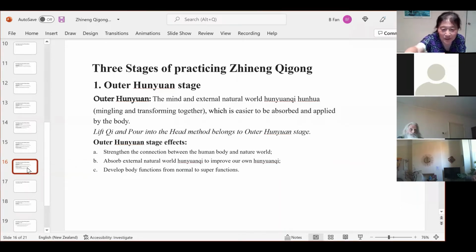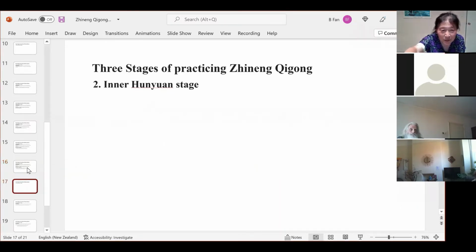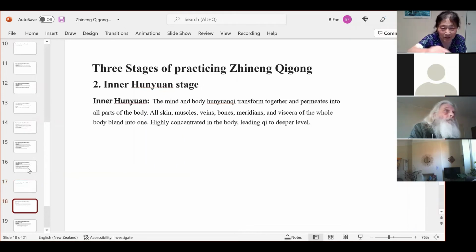Okay, now we said outer Huayan stage, then inner Huayan stage. What is inner Huayan stage? Lift Qi method is outer Huayan. Inner Huayan, the body and mind method, is the mind and body Huayan Qi transforming together.